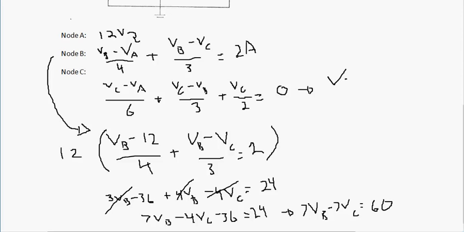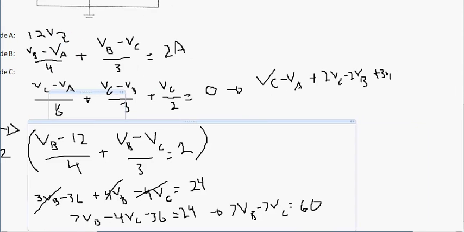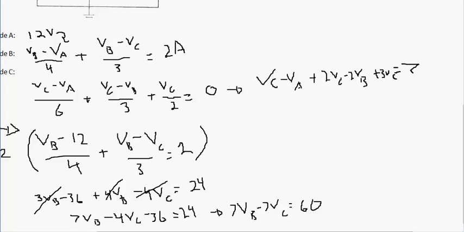So we have VC minus VA, plus 6 divided by 3 is 2, so 2 VC minus 2 VB, and 6 divided by 2 is 3, so plus 3 VC, equals 0.